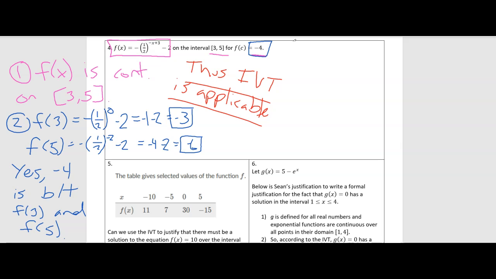Now let's find the actual value for where the function equals -4. The algebra is going to be a little bit tougher than the other problems. I'm going to put c in place of my x. You can keep it as an x and just change it to c at the end. I'm going to add 2 to both sides first.